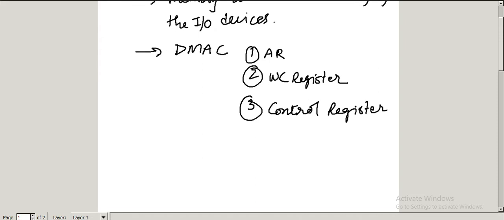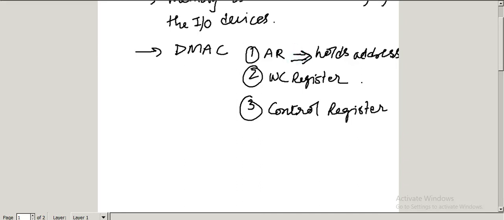So this address register holds the address where we have to place the bits in the memory. It stores the address in the address register.